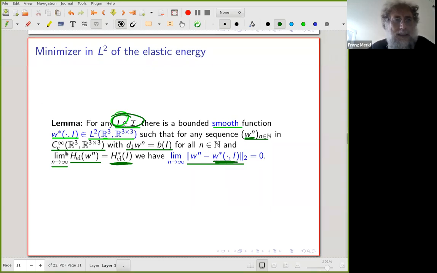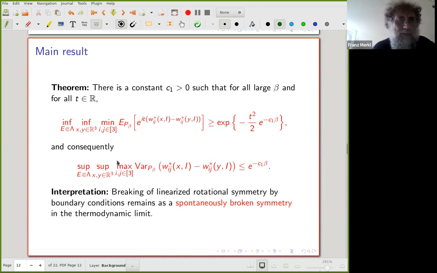So in this sense, there's a minimizer, although W star itself is not of compact support anymore, but we can approximate it by functions with compact support in the L2 sense, such that the energy goes to the minimum energy.